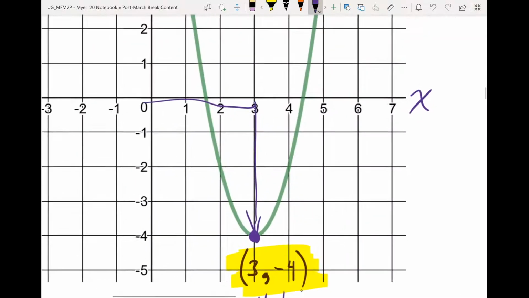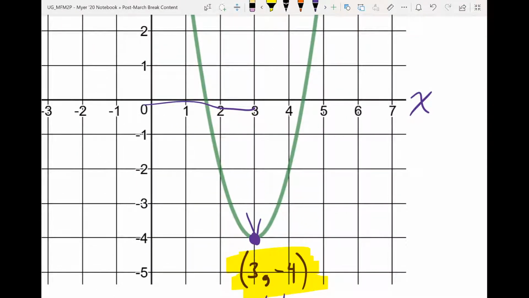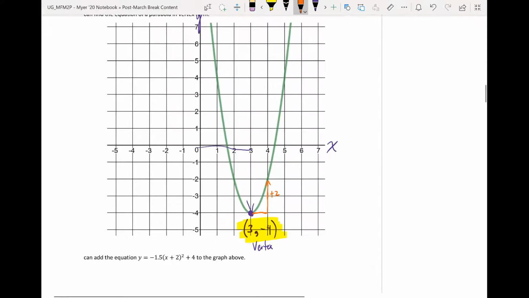Next is the step pattern. So to do step pattern, we're concerned with going over 1, and how far up or down do we have to go before it meets the parabola? So in this case here, we're going up 2. So if that's our step pattern, we can say that therefore the equation is y equals, we put our step pattern in first, 2, and then x.